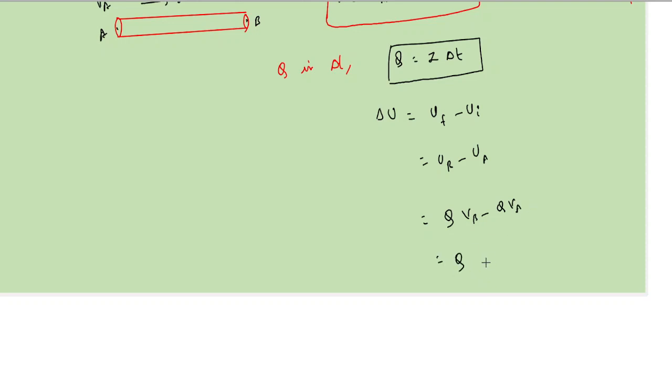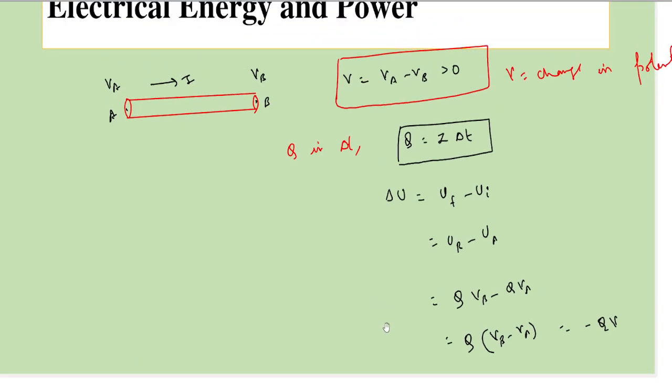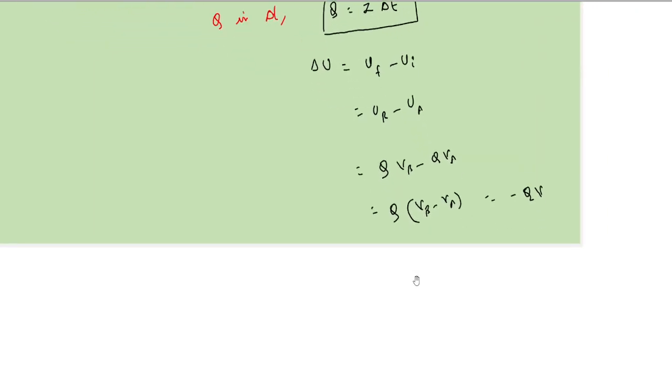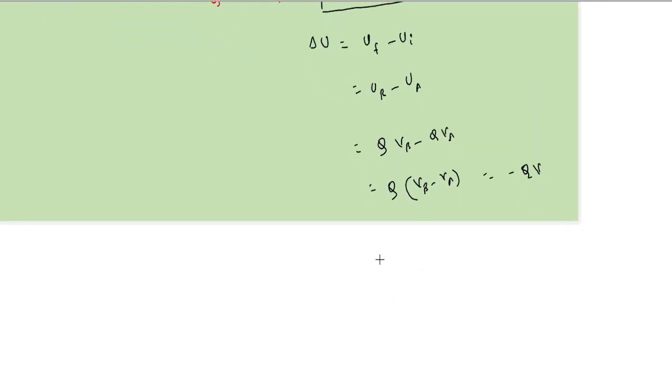Q is common here, so it becomes Q into (VB minus VA), which is equal to minus Q into V. That is because V is given as VA minus VB, but what we have is VB minus VA. So we can rewrite this as delta U equals minus I into delta t into V. This is delta U, and it is negative, less than 0.